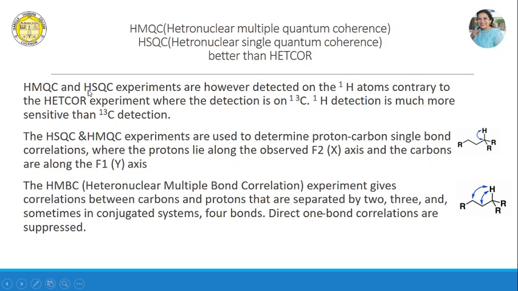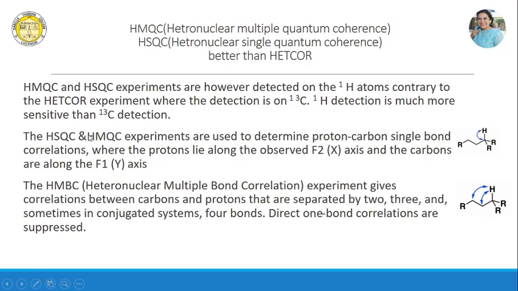So HMQC and HSQC experiments are, however, detected on the proton atoms, contrary to the Hetcor experiment where the detection is on C13. Proton detection is much more sensitive than C13 detection. We've already done that. If the excited nucleus is C13 and detection is on protons, proton detection is much more sensitive as its gyromagnetic ratio is 4 times more than C13.